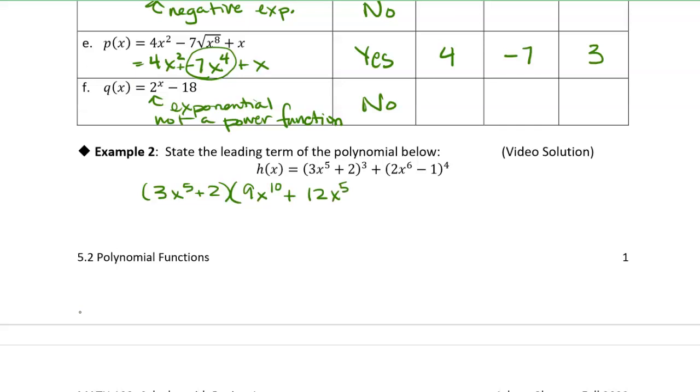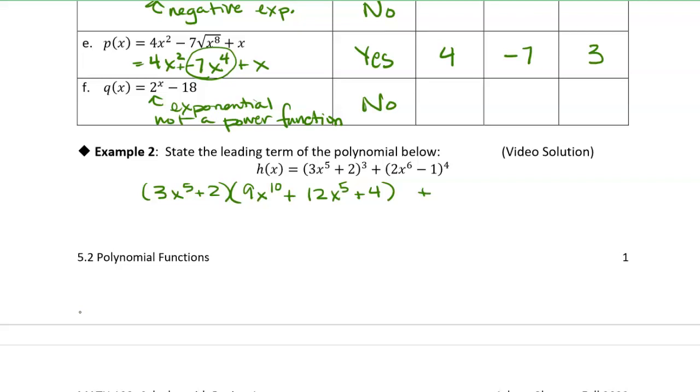And then the last term is going to be 2 squared, which is 4. So I just am squaring it. This is the same thing, I've just put two of them together. I've squared two of the factors of 3x to the 5th plus 2.